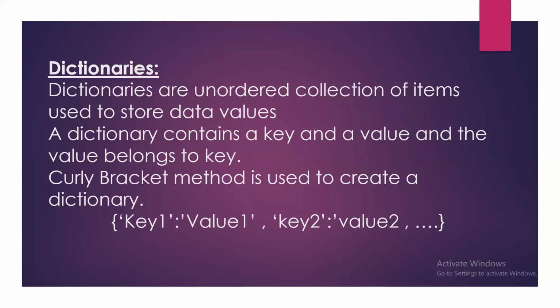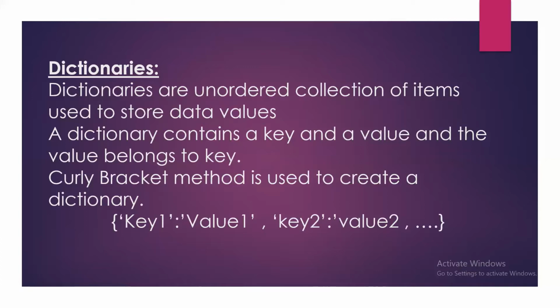So we'll see how we can create a dictionary in Python. We can create dictionaries by using curly brackets, defining the key, giving a colon, and then the value of that respective key. So let's see how we can create a dictionary in Python.